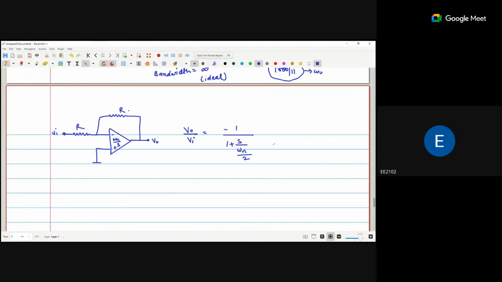And if we are not using any particular resistance, V naught upon Vi is minus 1 upon 1 plus s upon omega naught.